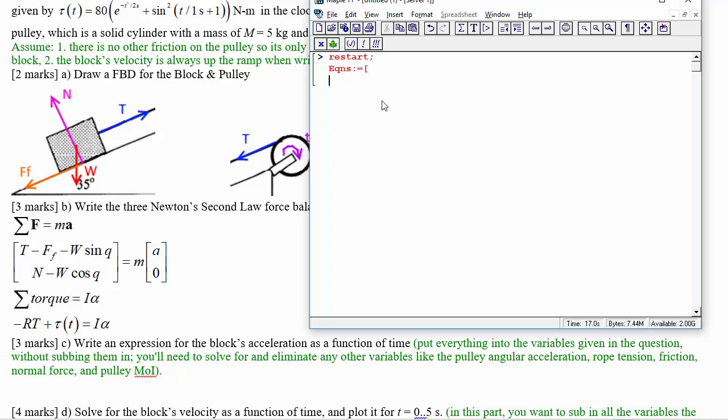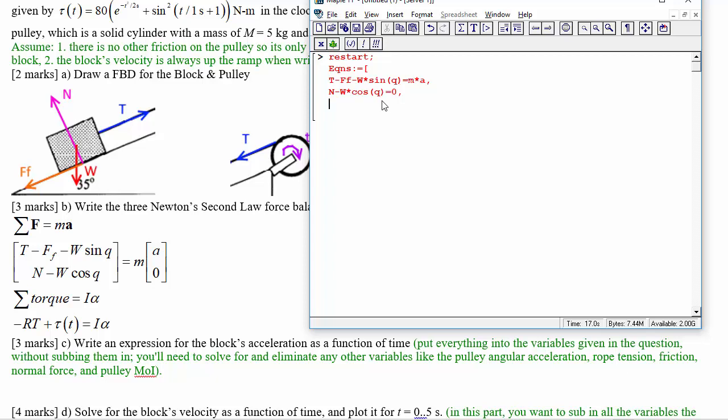So I'm using Shift Enter to go to the next line here. The first equation is the X force balance equation, T minus FF minus W times sine of Q is equal to M times A, and N minus W times cos of Q is equal to 0.